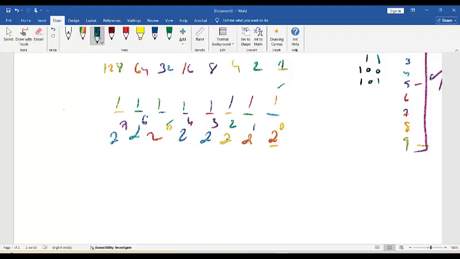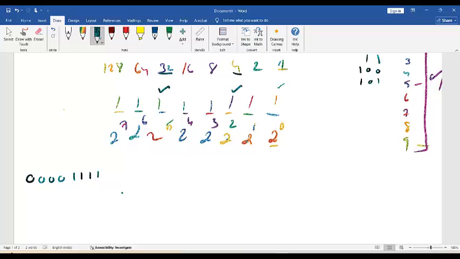What does that mean? Place value. If 1 is in this bit, it means 32. If 1 is in this place, it means 4. For example, if I have 0, 0, 0, 0, 1, 1, 1, 1, what does that mean?